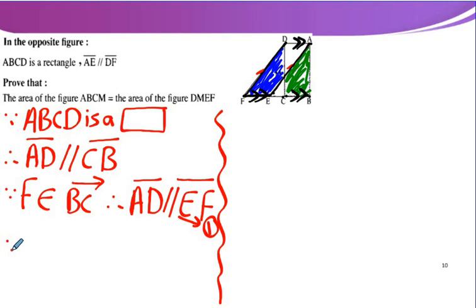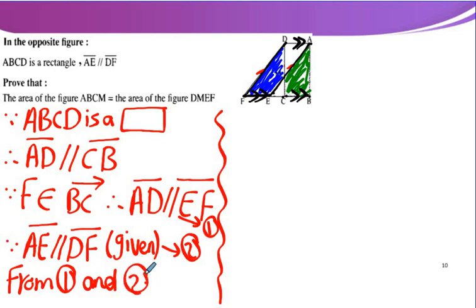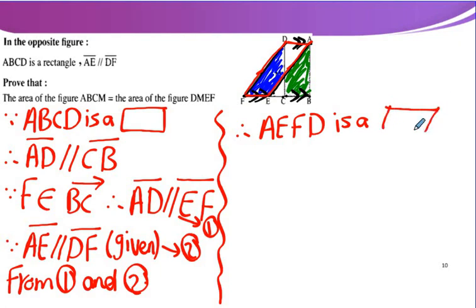And since AE is parallel to DF, given, this is number 2. From 1 and 2, this parallel to this and this parallel to this, then AEFD is a parallelogram, right?